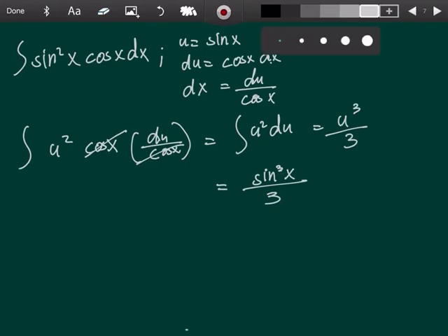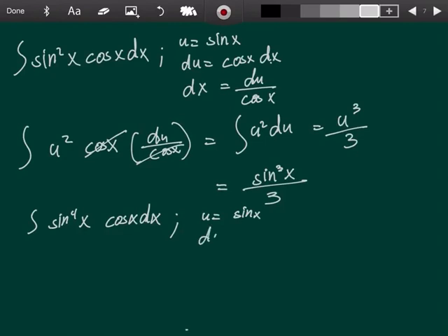Okay, what about the other one? The integral of sine raised to 4 x cosine x dx. Since the odd power is on cosine, u is equal to sine x, du is equal to cosine x dx, and dx is equal to du over cosine x.